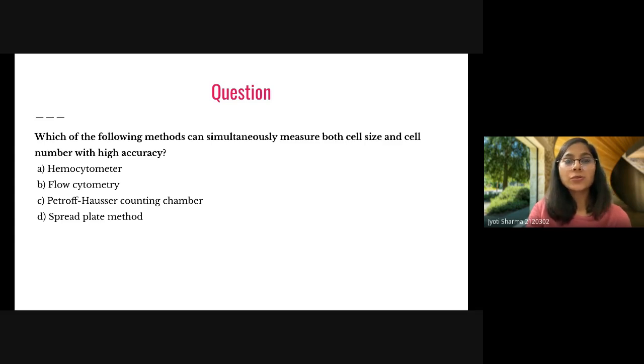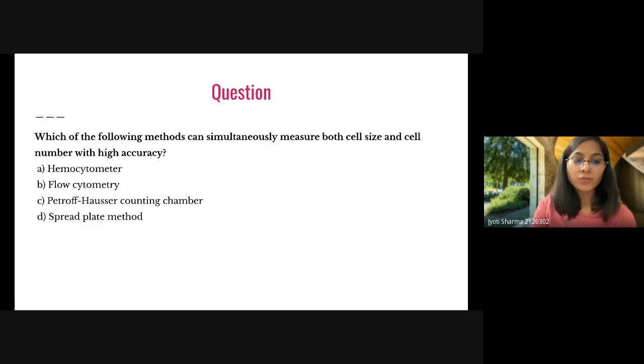In that tissue culture, we try to identify the bacteria which is giving you the infection, and even we try to see the characteristics of the bacteria, or the bacterial cell size, the bacteria number. So how many of that particular bacteria we have. So we may adopt some method by which we can measure both cell size and cell number with high accuracy.